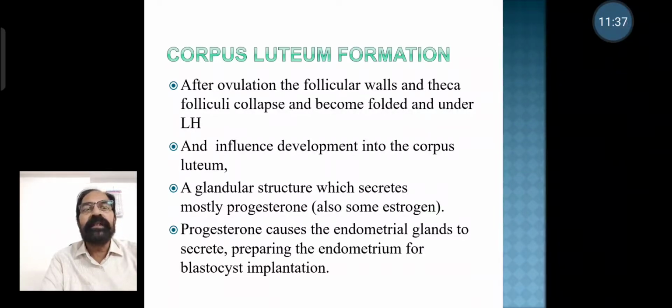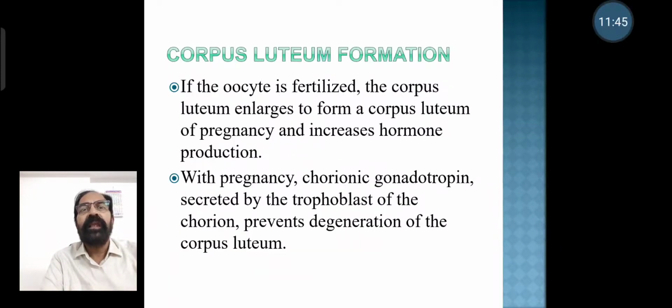Progesterone causes the endometrial glands to secrete, preparing the endometrium for blastocyst implantation. If the oocyte is fertilized, the corpus luteum enlarges to form corpus luteum of pregnancy and increases hormone production. With pregnancy, the chorionic gonadotrophin secreted by the trophoblast of the chorion prevents degeneration of the corpus luteum.